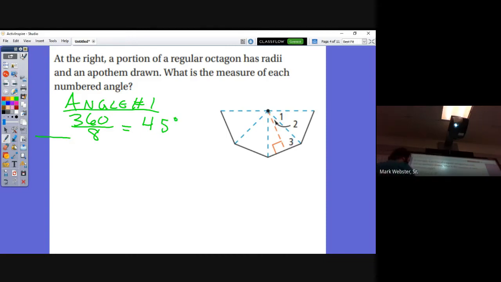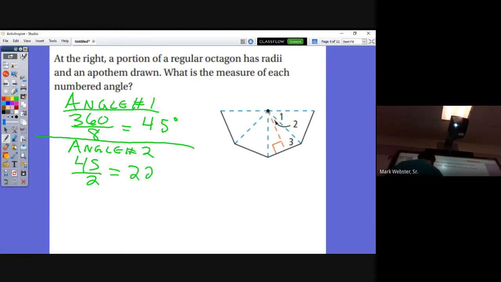Angle number 2, that's going to be half that. Well, what's half of 45? Well, it's half of 44 is 22, and then 0.5, right? And then lastly, we just want to figure out the other 2 angles.